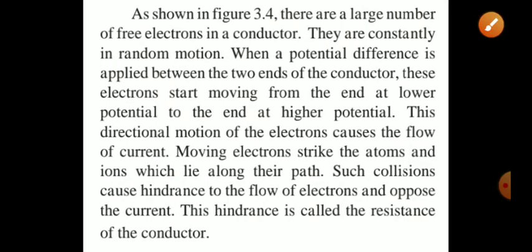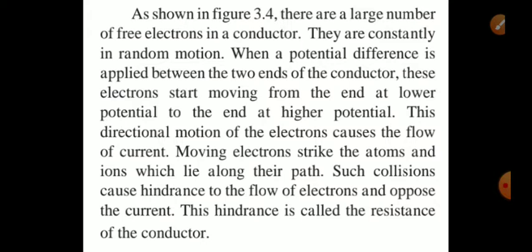They are constantly in random motion. When a potential difference is applied between the two ends of the conductor, these electrons start moving from the end at lower potential to the end at higher potential. This directional motion of the electrons causes the flow of current.